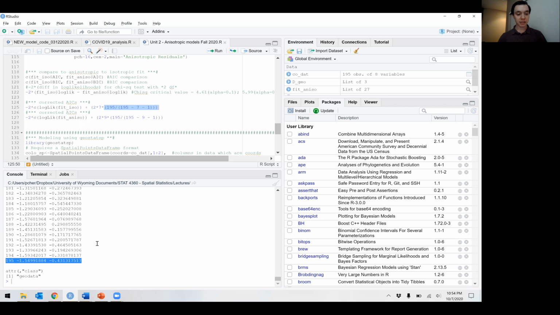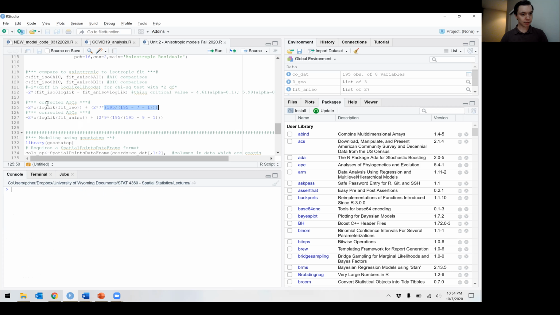It's the number of locations that I have. So this is my corrected AIC for the isotropic model, because I'm using the isotropic model's likelihood. And here is my corrected AIC for the anisotropic model. The anisotropic model still is a hair out in front, a hair out in front.